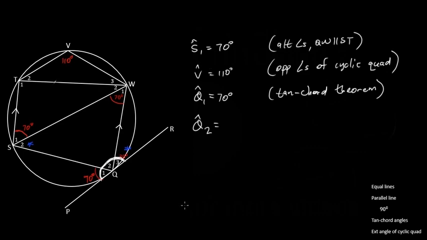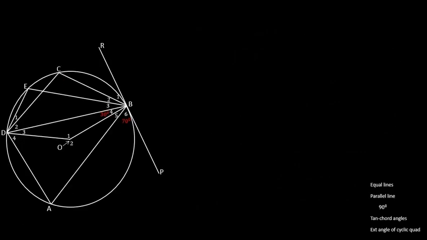So we have Q1 being 70 degrees, Q3 being 30 degrees, so angle Q1 plus angle Q2 plus angle Q3 gives us 180. Q2 is 80 degrees, angles on a straight line. Then we are done.